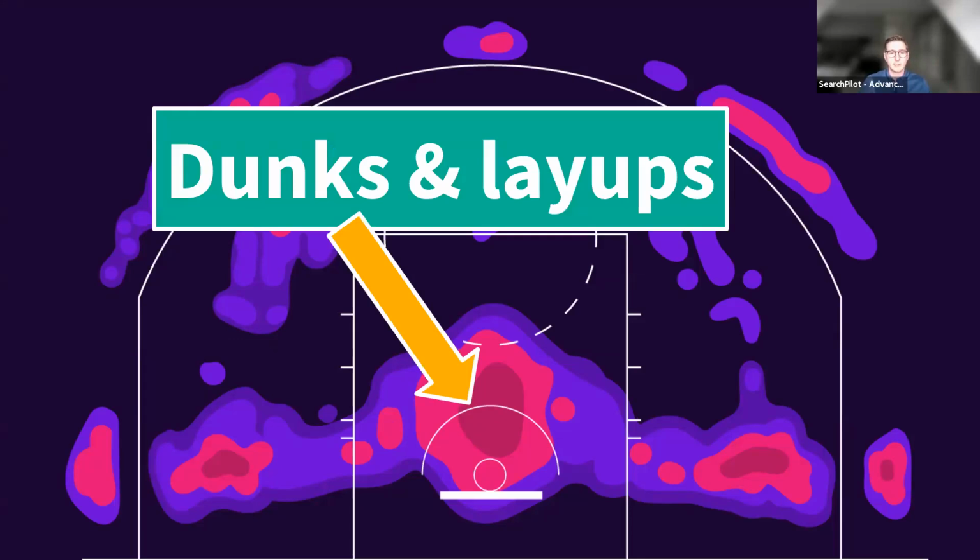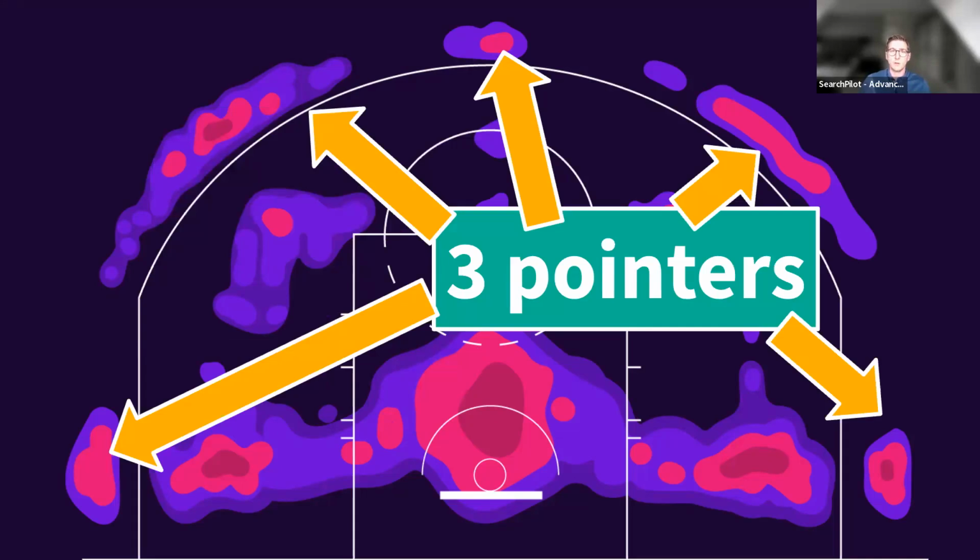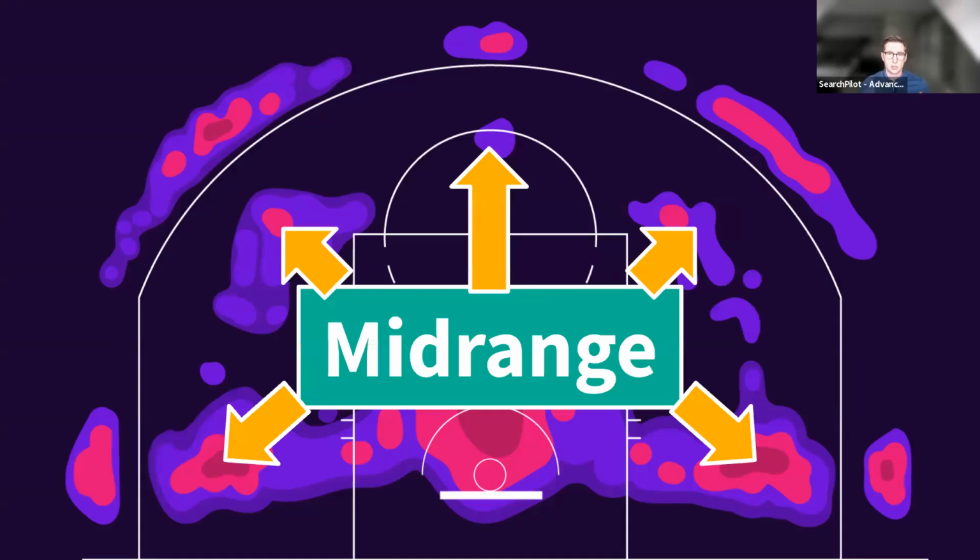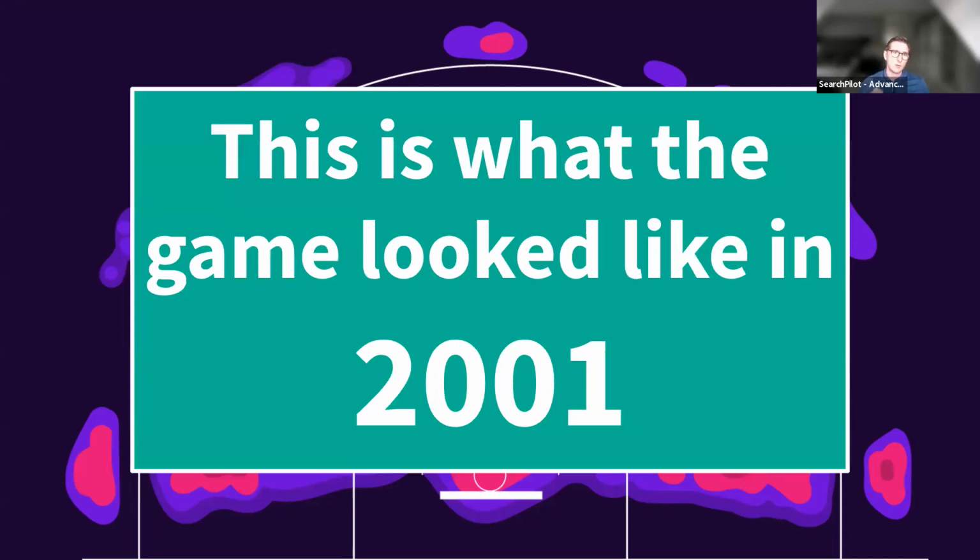There's a lot of shots taken from the hoop area. These are dunks and layups. There's also a lot of shots taken from outside the perimeter. These are 3-pointers. And then there's mid-range shots that are taken as well. But crucially, this is how the game looked in 2001. It's not how it looks now.